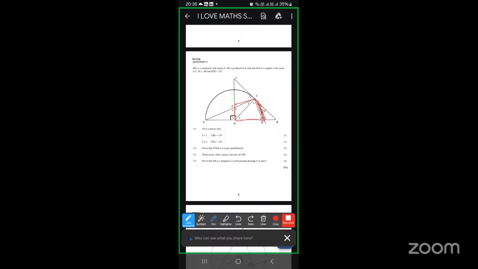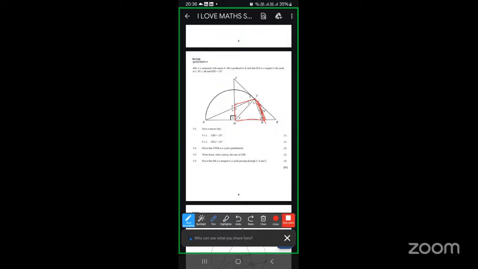If you want to prove something, you first need to know the properties of that thing. We know the properties of a cyclic quadrilateral. The first property is that opposite angles of a cyclic quad are supplementary, meaning they add up to 180.